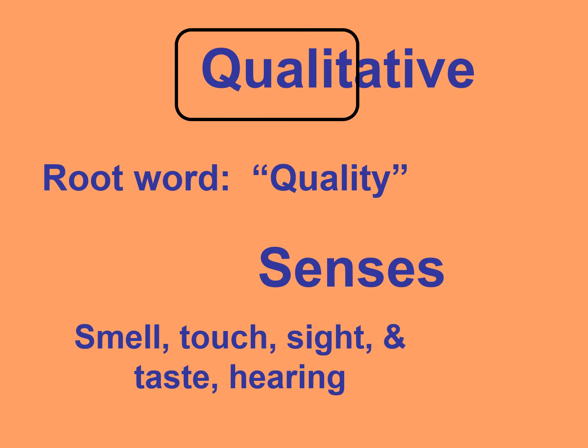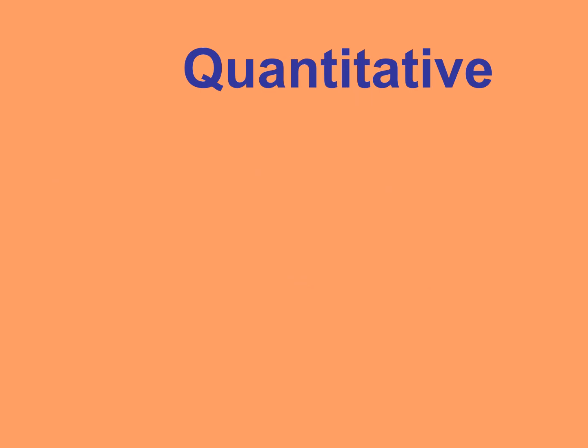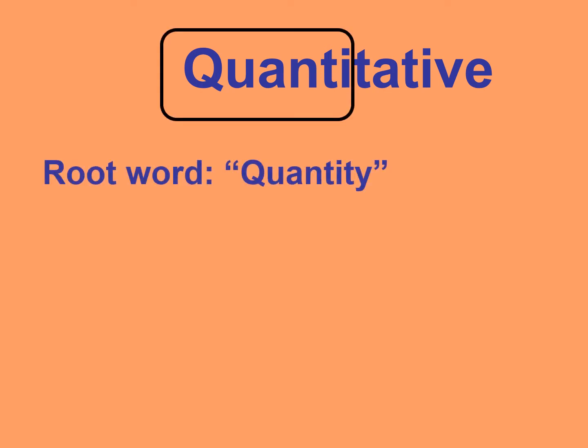Right now, you're probably thinking, wait a second. You just said there's a wrinkle to the senses. This sounds exactly like what you talked about yesterday. It is, except remember there's another word, and this is where we're going to veer off a little bit. So qualitative is your senses, whereas quantitative, quanti, should sound a lot like quantity, and quantity is that root word which means amount.